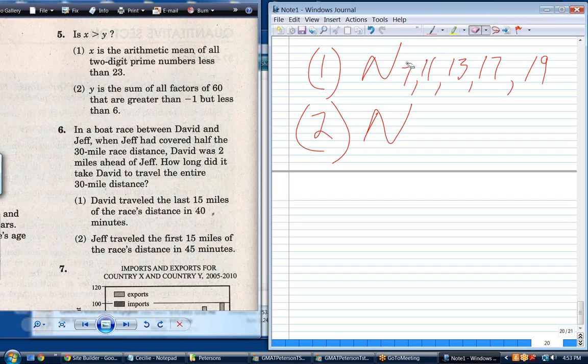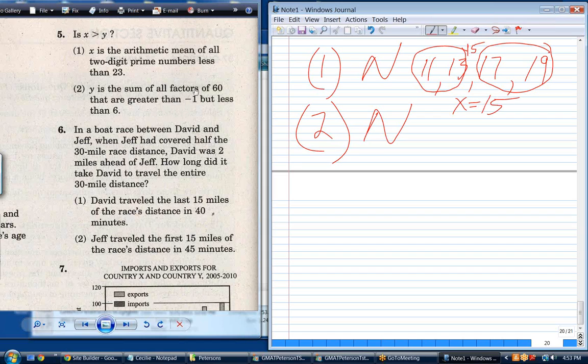Oops, two-digit primes only. So the average of that, since those two are separated by 2 and those two are separated by 2, I know that 15 is the average without having to do the math. So X is 15.